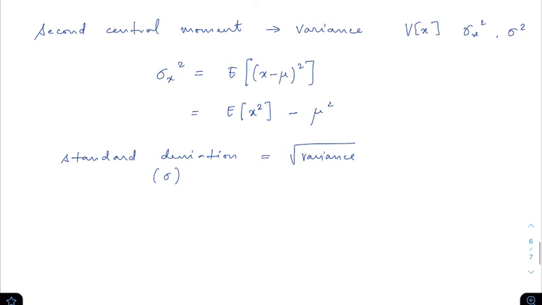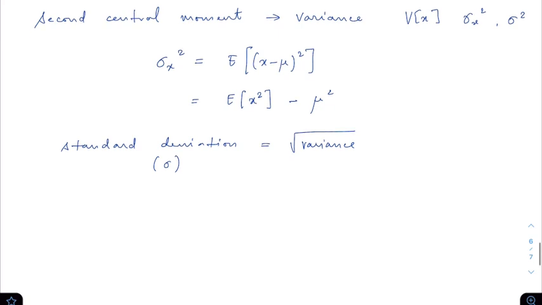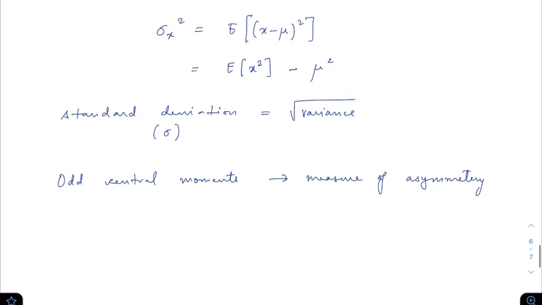Now, as we mentioned previously, symmetrical distributions have the odd central moments to be 0. So therefore, in general, the odd central moments provide a measure of the asymmetry. If you look at the third central moment and make it dimensionless, this is usually done by dividing it by sigma cube.